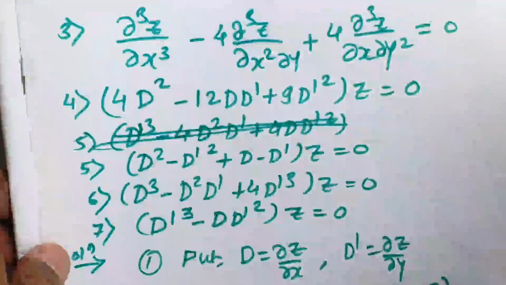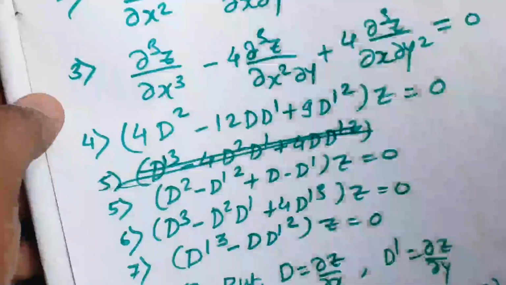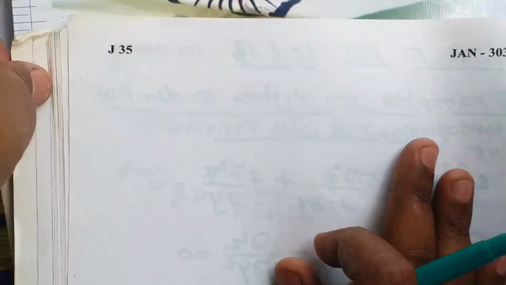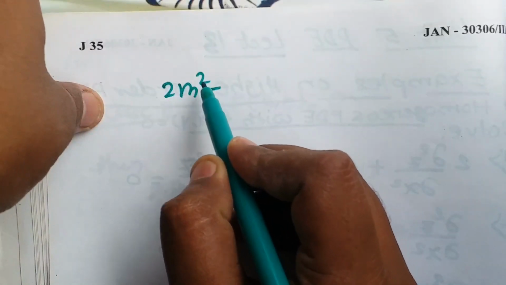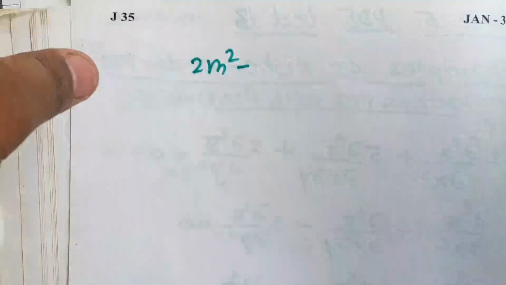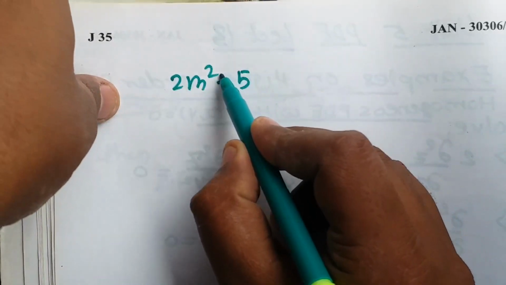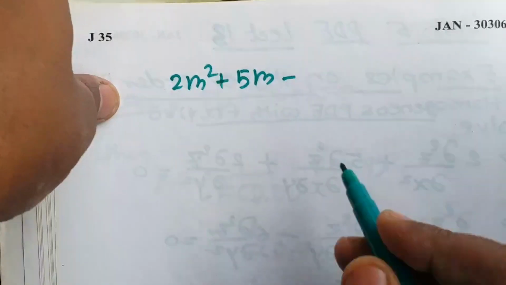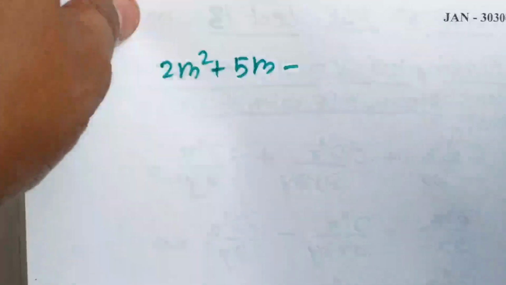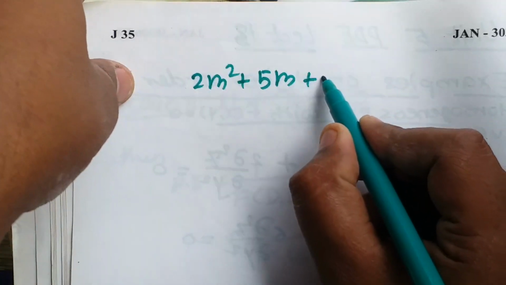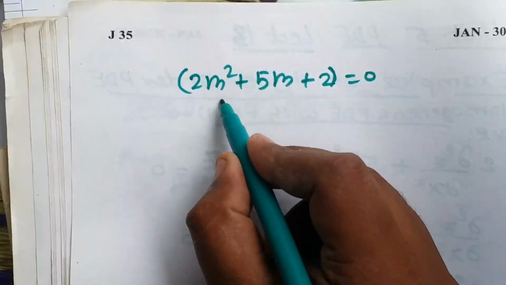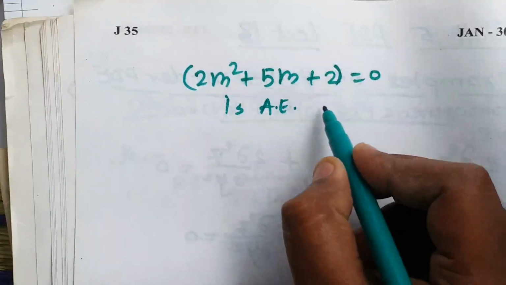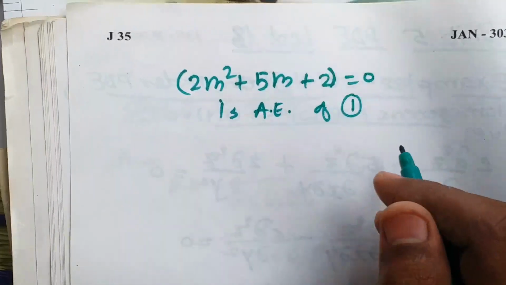That gives the auxiliary equation: 2D square becomes 2m square, then 5 D D dash becomes 5m, and 2 D dash square is 2 times 1 square, so 2m square plus 5m plus 2 equal to 0 is the auxiliary equation of the given differential equation.